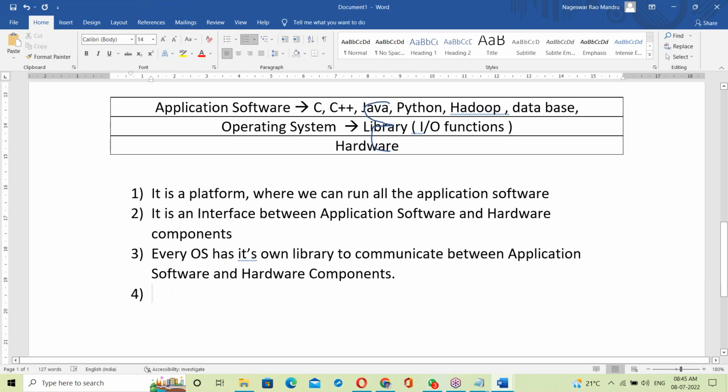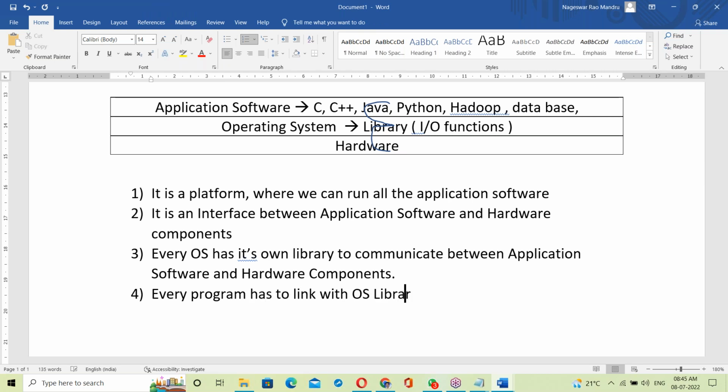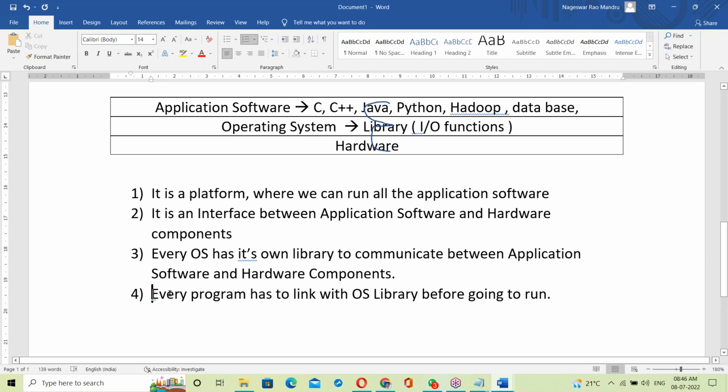Every program has to link with the OS library before going to run.